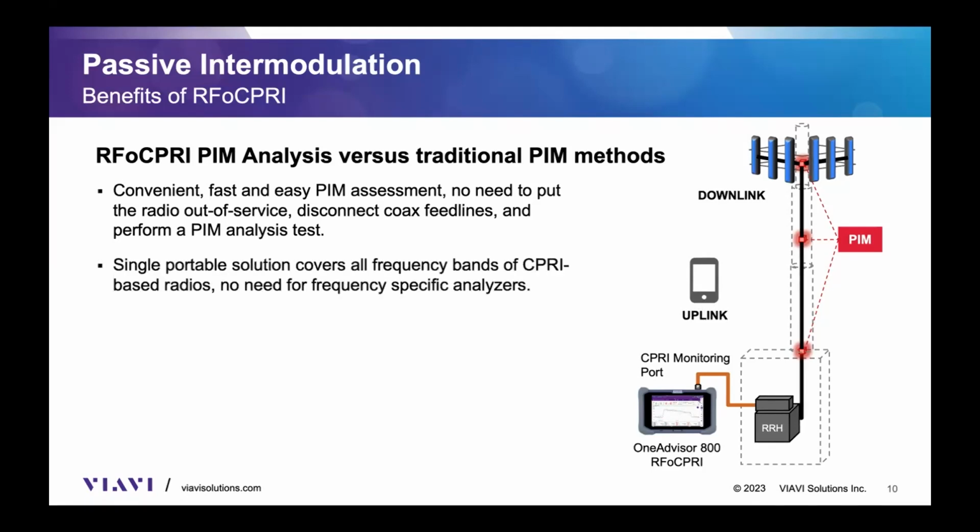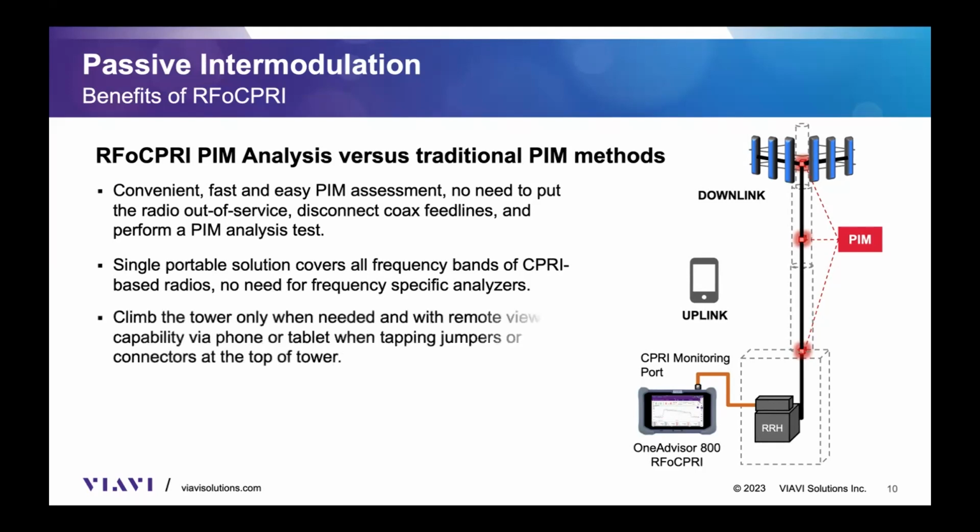And we have one specific solution for multiple frequencies, so it's not frequency dependent. And certainly we can do some mitigation of that PIM if it's internal. We can just tap into the cables and jumpers and fix it while we're looking into the PIM signature at the same time. So remotely we can have our PIM measurement.